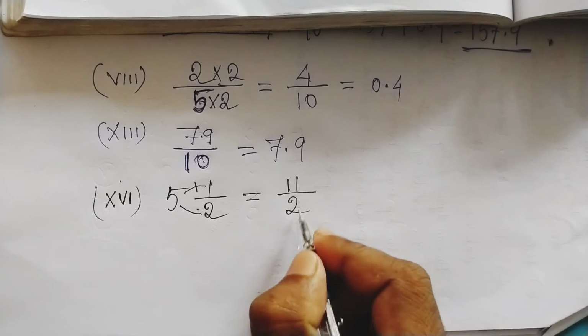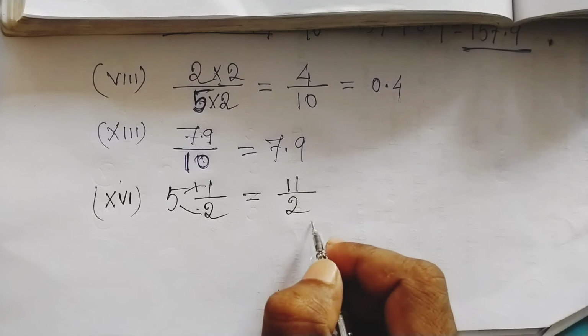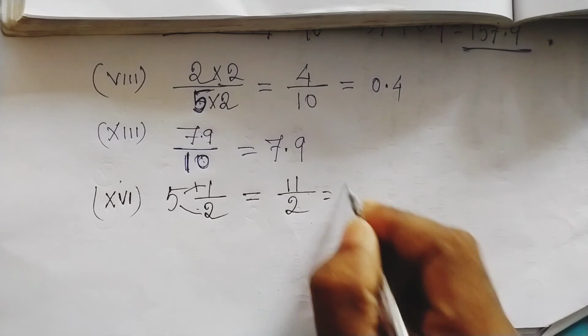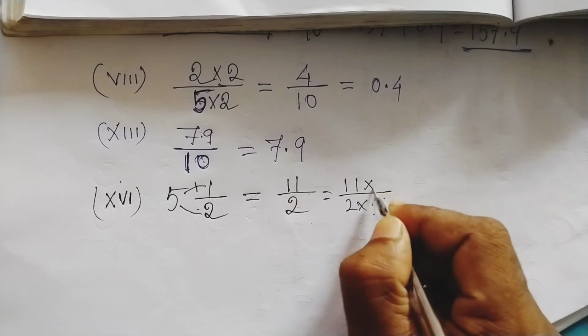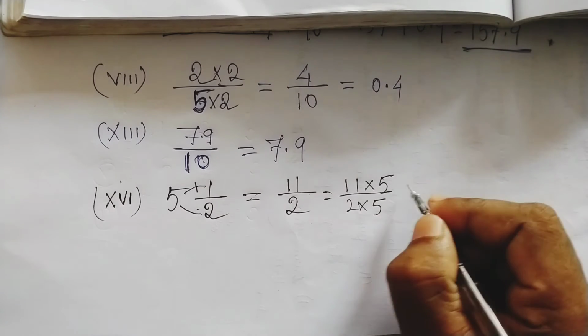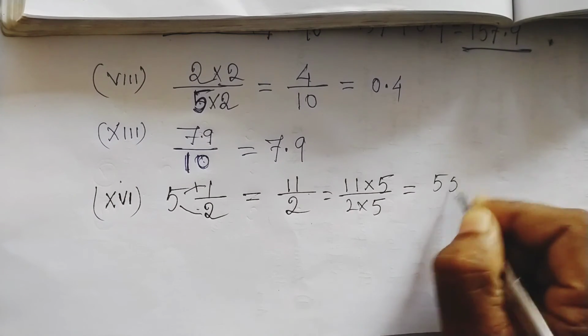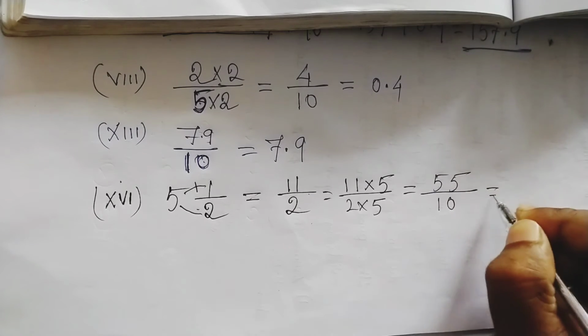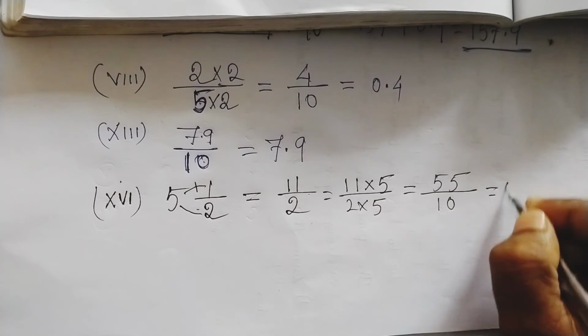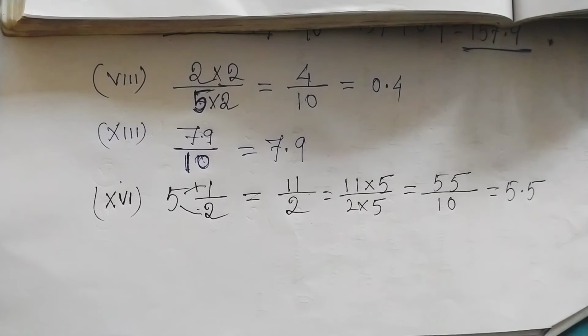Now we have to convert this denominator into a multiple of 10. So you have to multiply by 5 both denominator as well as numerator. So 11 into 5 means 55 by 5 into 2 means 10. Now just simply use the point. Now the answer is 5.5.